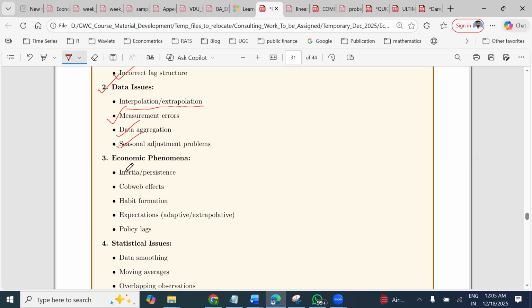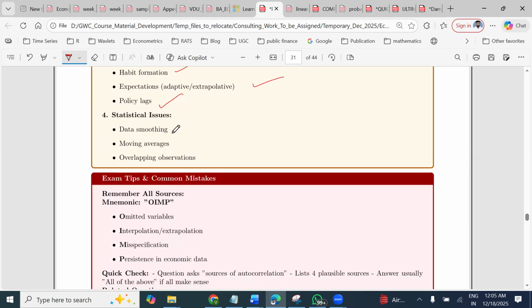And I think Madhusudha, you had written this, right? In your note I have seen inertia or persistence, isn't it? Yes, sir. So wherever these economic phenomena are there, cobweb effects, habit formation, expectations in case of inflation, then policy lag, there will also be autocorrelation.